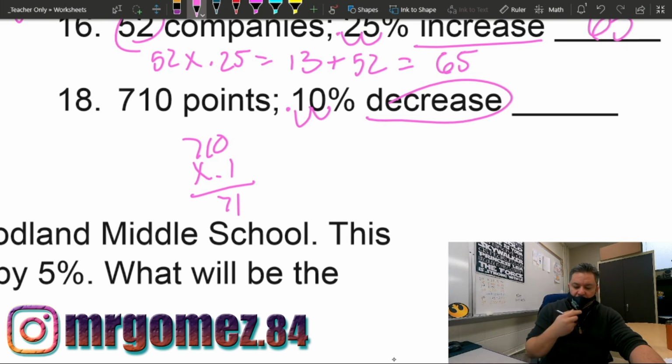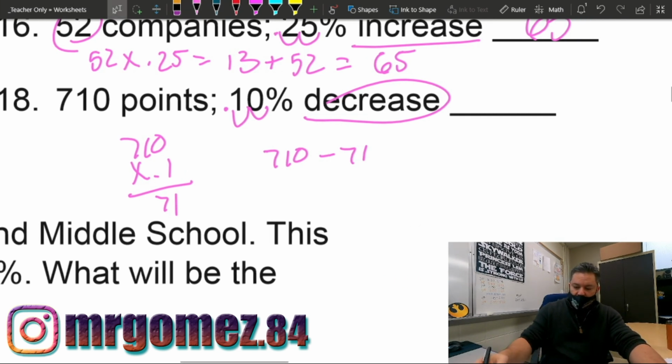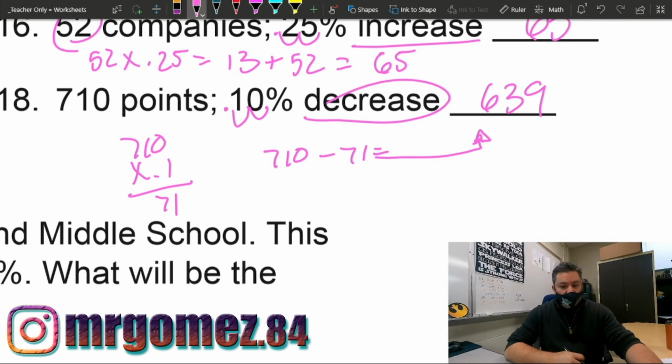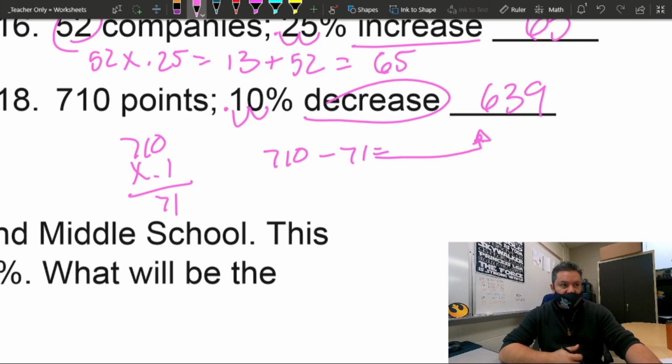So it's just going to be 71. So 710 minus 71 gives you 639.